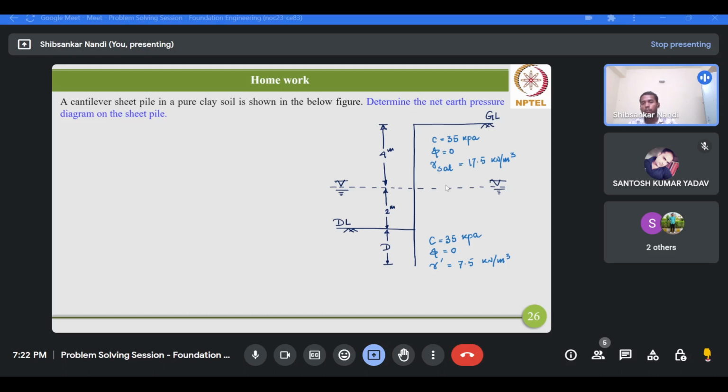However, in this problem, this is a pure clay. So in this case, we have to determine the net earth pressure diagram for this sheet pile.